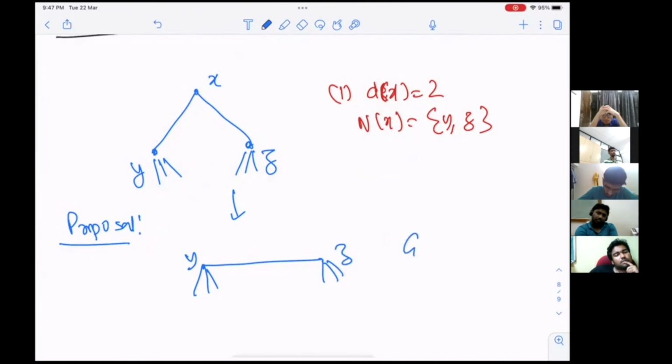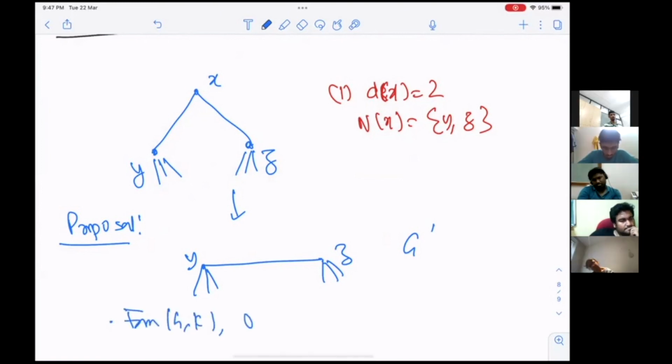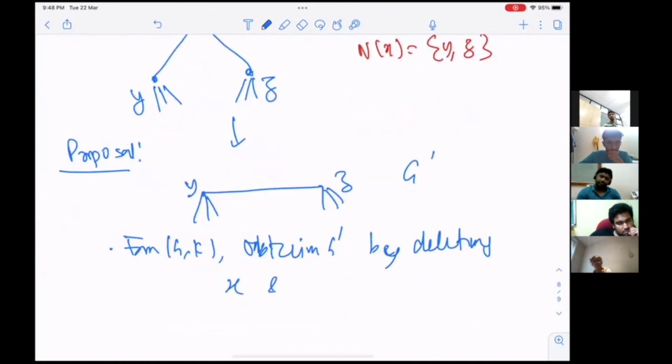So basically you are saying from G, K obtain G prime by deleting X and adding the edge YZ. Am I right? Yes. Okay. And what happens to K? K remains the same.